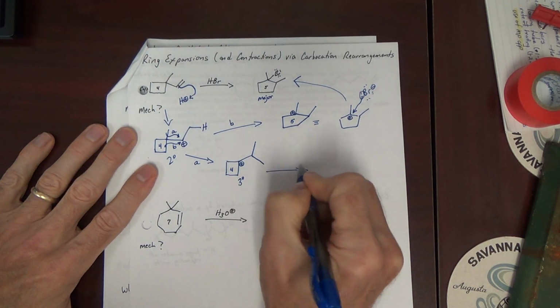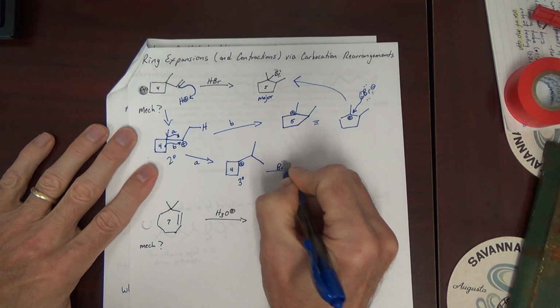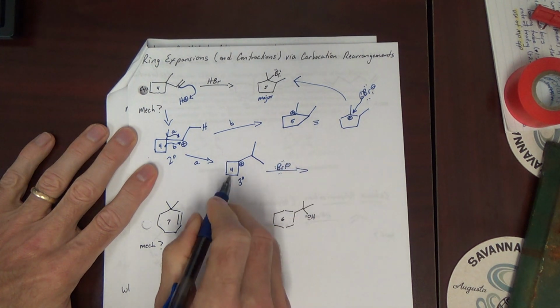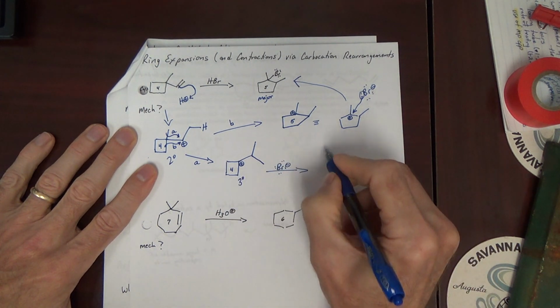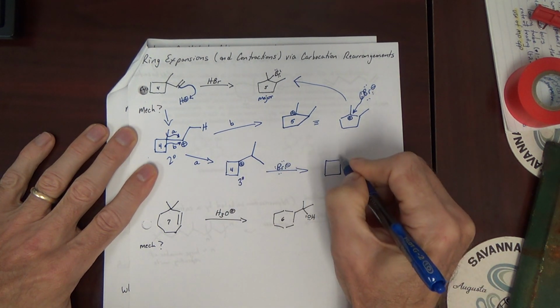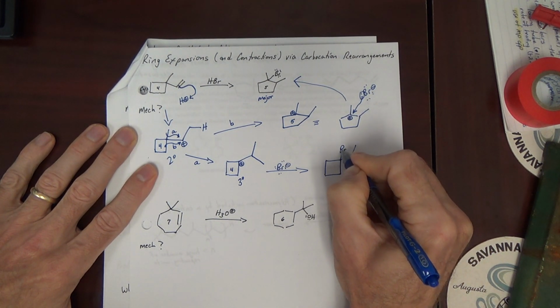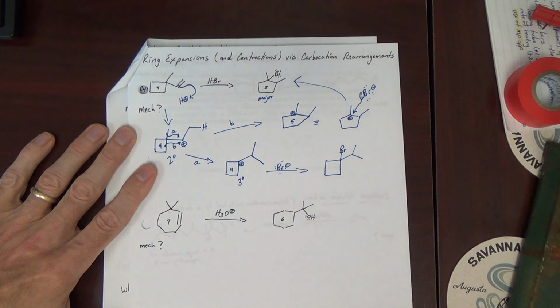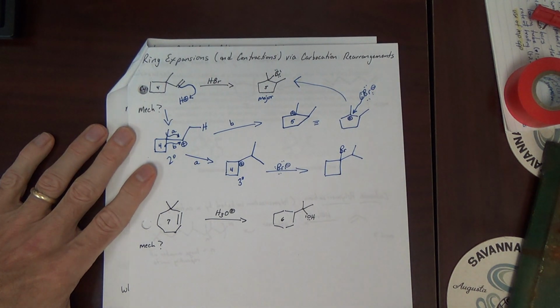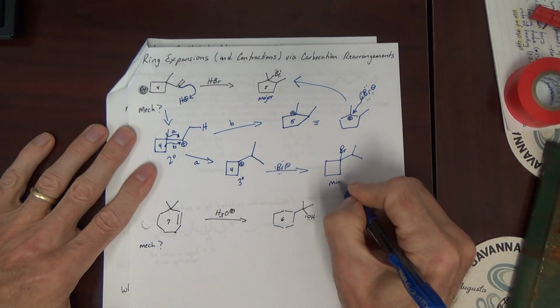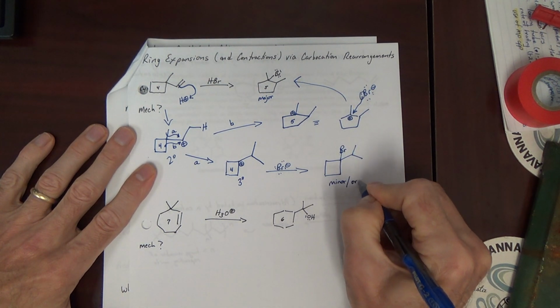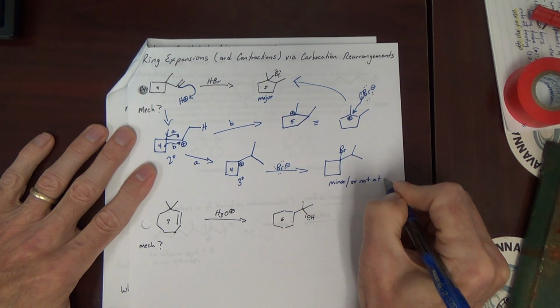If Br minus had attacked here, and instead of showing mechanism, I can just show it reacting as a reactant, that would end up with here. And this is a minor product or not at all.